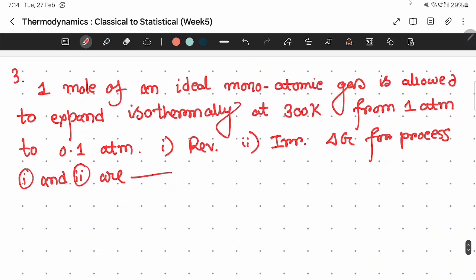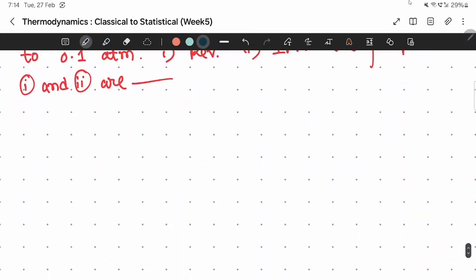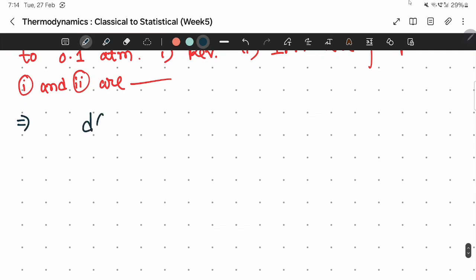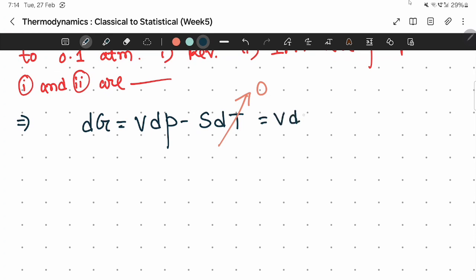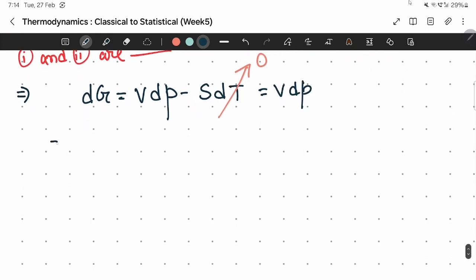So now first let us consider how we can find out del G. We know dG equal to VdP minus SdT. For isothermal process, dT will be 0, so it will be just VdP. So dG will be VdP. Del G will be integration of VdP from P1 to P2.